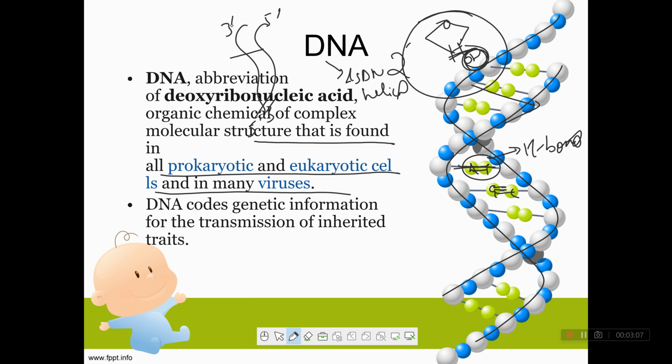During the process of replication, helicase is an enzyme which breaks these hydrogen bonds, and both strands separate. Both strands form a helical structure with the help of hydrogen bonds, so when the hydrogen bonds break, they separate from each other.